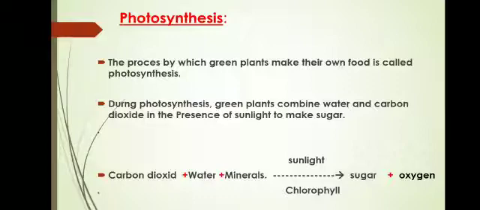During photosynthesis, green plants combine water and carbon dioxide in the presence of sunlight to make sugar. Sugar means a plant's food. After combining carbon dioxide, water, minerals, in the presence of sunlight, at last what do we get? Sugar. It produces sugar.